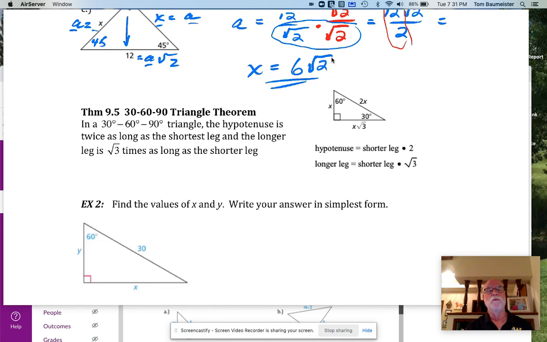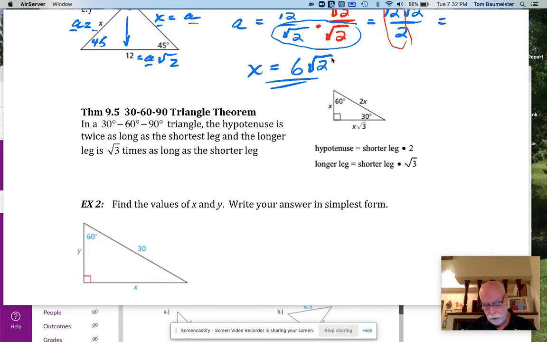So theorem 9.5 is your 30, 60, 90 triangle theorem. In a 30, 60, 90 triangle, the hypotenuse is twice as long as the shortest leg, and the longer leg is the square root of 3 times as long as the shorter leg.